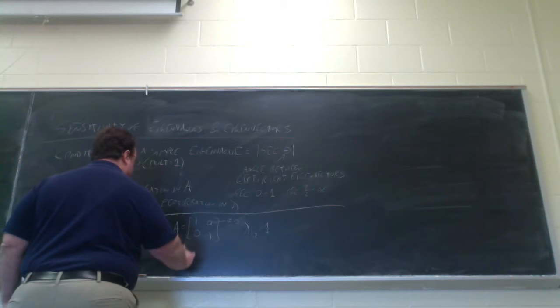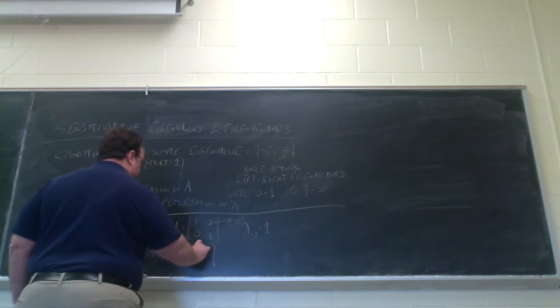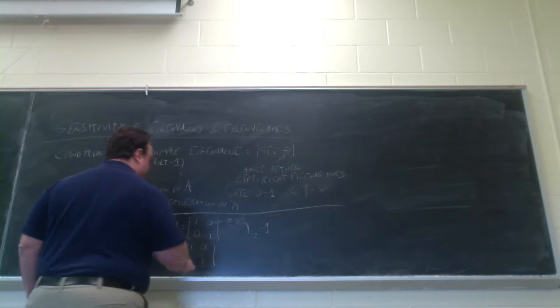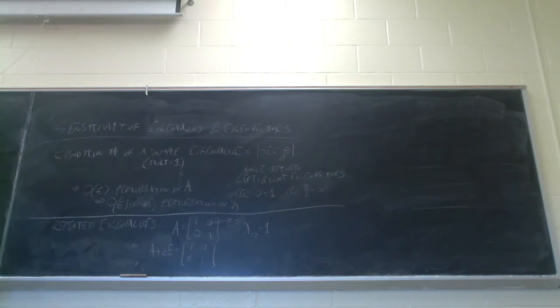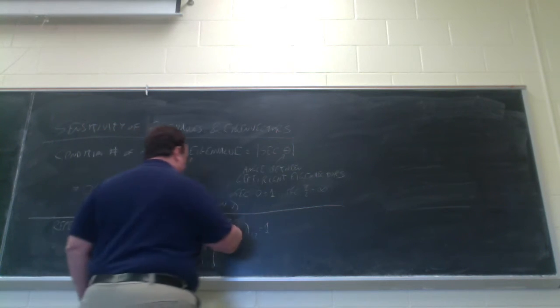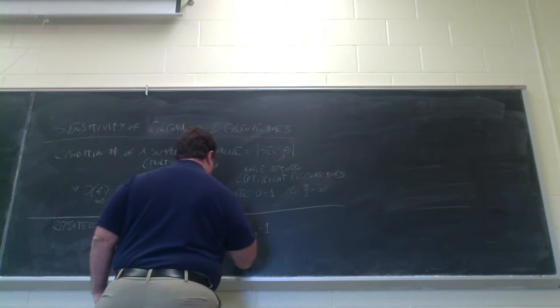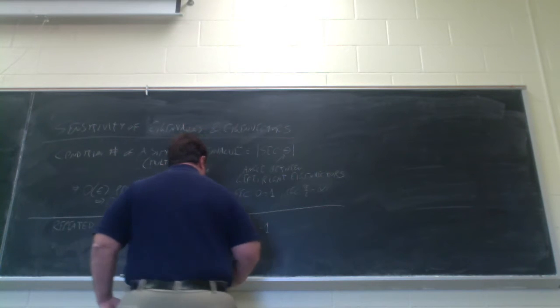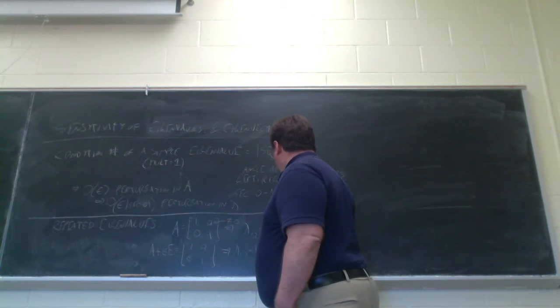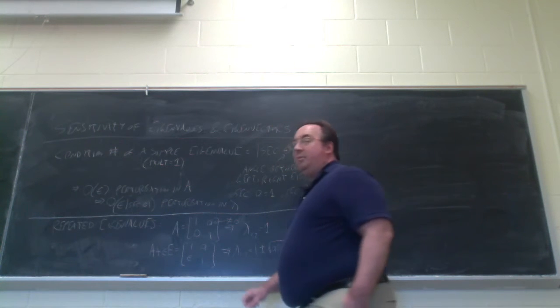Now if I make a perturbation, where all I do is add an epsilon down here, and really the only off-diagonal element that would change anything with the eigenvalues is in this 2-1 entry right here. What happens is the eigenvalues become 1 plus or minus square root of A epsilon.